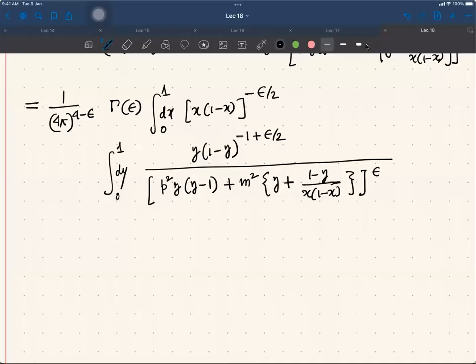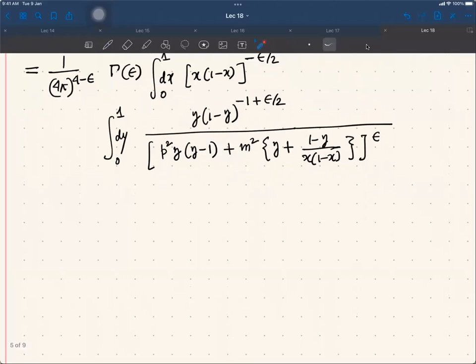Now the x integral, if you focus on that, you see this x times 1 minus x is a well-behaved function for 0 less than x less than 1. But at x equal to 0 and x equal to 1, this becomes 0. But because its power, although it's negative, but epsilon is small, this integral at x equal to 0 and 1 does not give a divergence because epsilon is small.